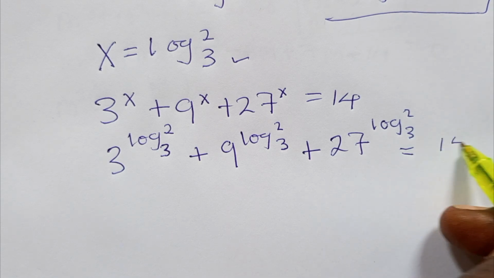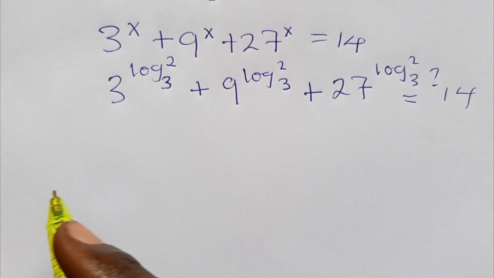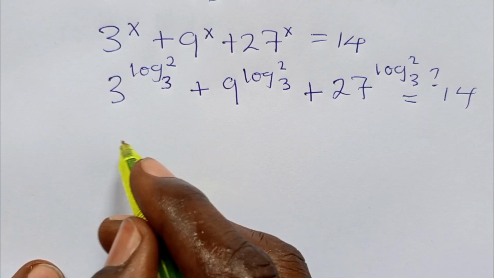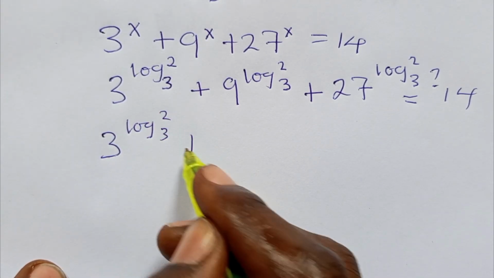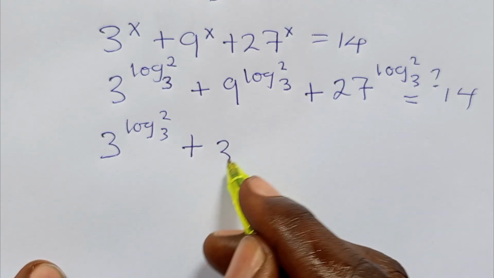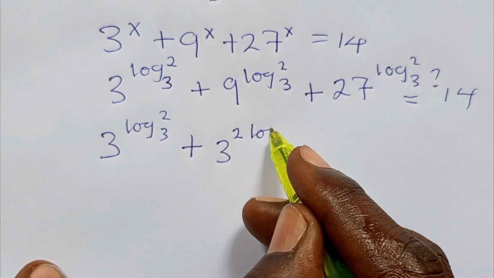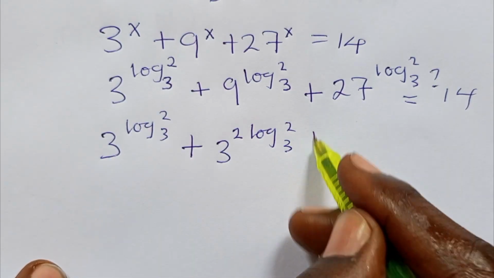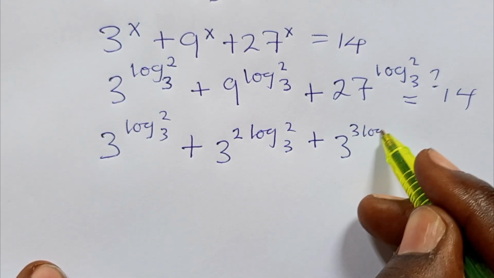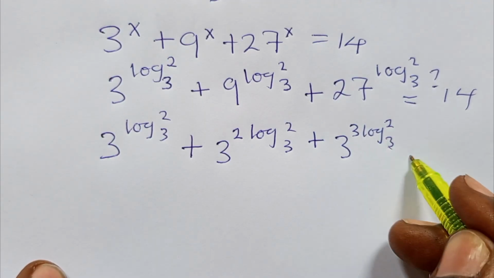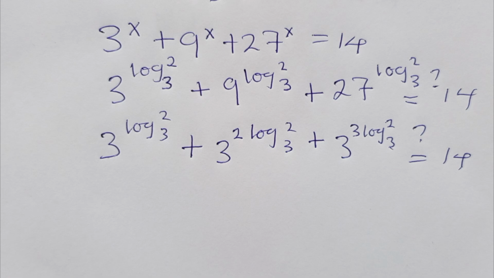Is that going to be equal to 14? Let's find out. This is the same thing as 3 to the power of 2 log 2 base 3 plus 3 to the power of 3 log 2 base 3.